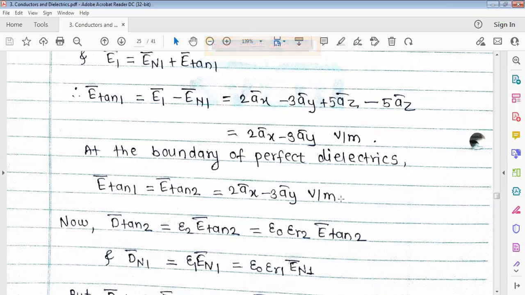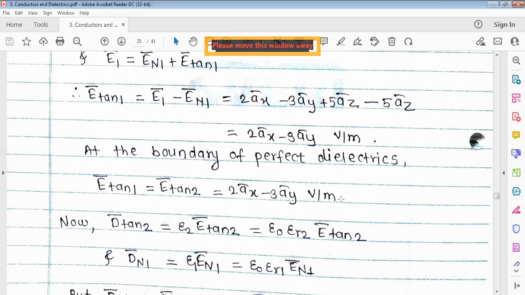So the tangential component of E1 is equal to the tangential component of E2, and both are equal to 2 A bar x minus 3 A bar y, in volts per meter. This is already written here.